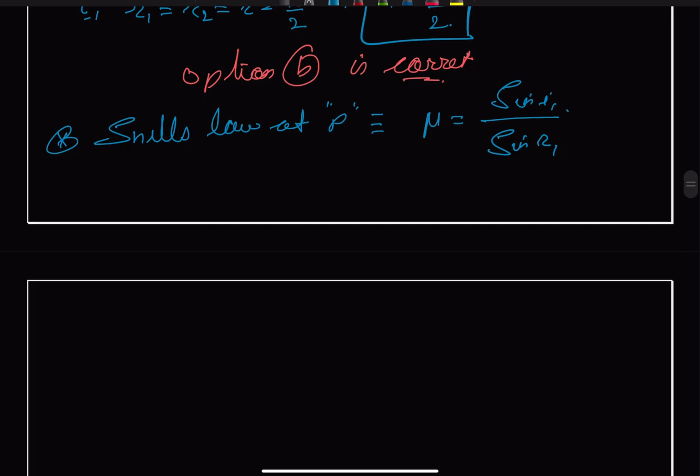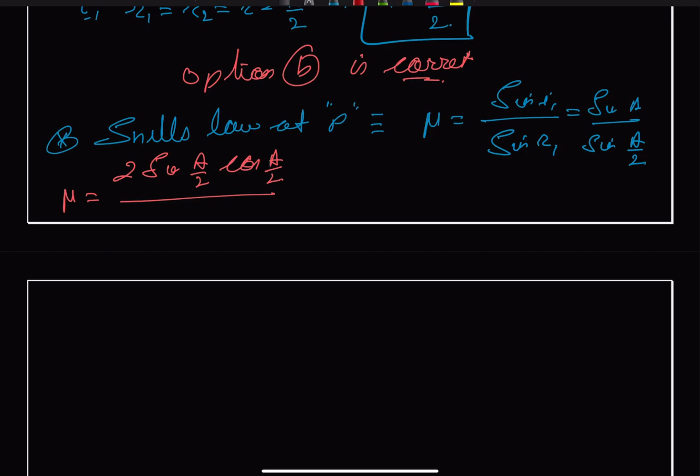So we put it here, and we get sine of A divided by sine of A by 2. Now we can use a trigonometric identity which gives us mu as 2 sine A by 2 cos A by 2, and in the denominator we already have sine of A by 2. So sine A by 2 and sine A by 2 cancel out, and this gives us 2 cos A by 2.